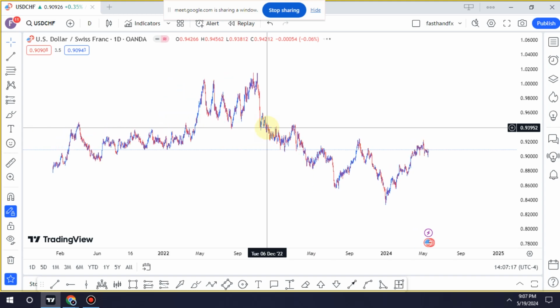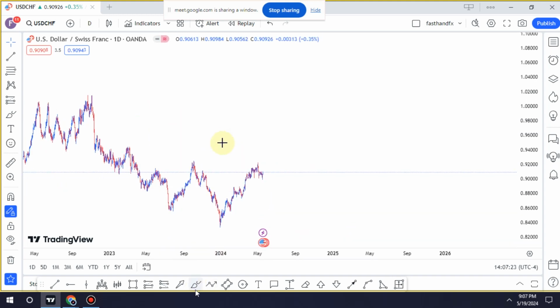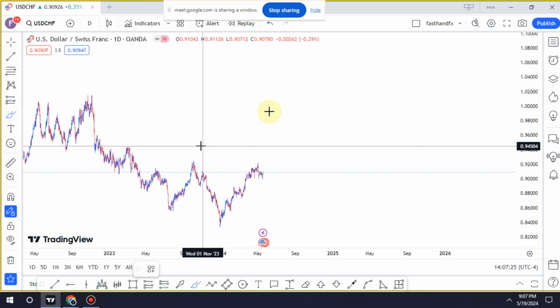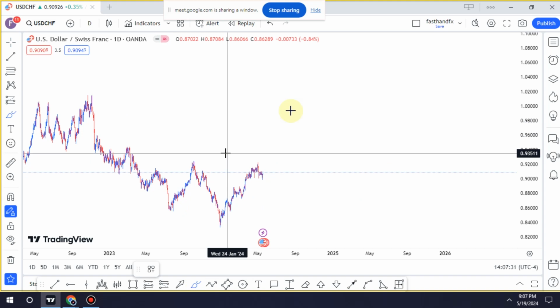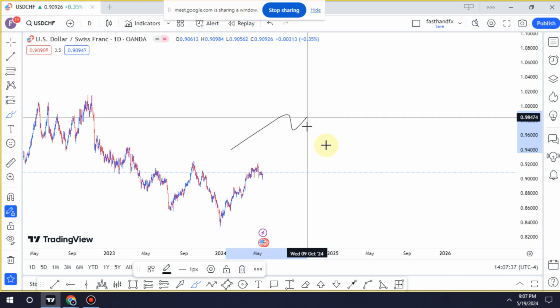Now, let me just give you an example. Let's say that generally you just see that the market is moving up. All right. So what you need to do is identify a continuation pattern. So you need to identify something like this.